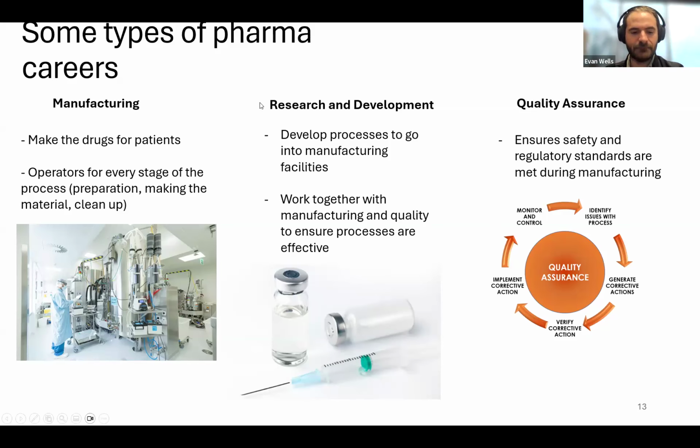We have people that come in and are bench level hands that will run our development bioreactors or do our development chromatography steps, and they do an excellent job and are vital members of our team, even if they don't have the high and mighty ivory tower academic background. And then another side of the coin, or another side of the triangle, if you will, is the quality assurance teams. They really make sure that we're protected from any kind of regulatory scrutiny.